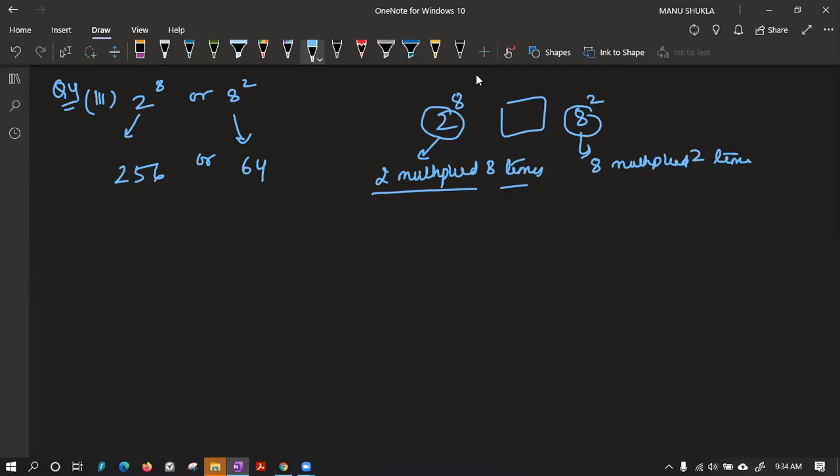So we can say that 2 power 8 is larger than 8 power 2. Lavya, is it clear now? We have just solved it because it was solvable. We could have solved 2 power 8, so we can give the answer in this way. Why is 2 power 8 larger than 8 power 2?